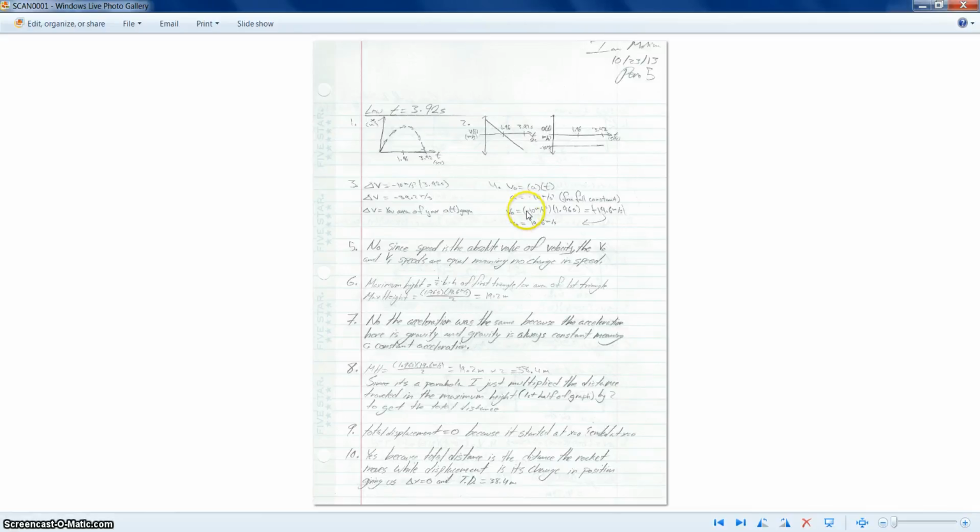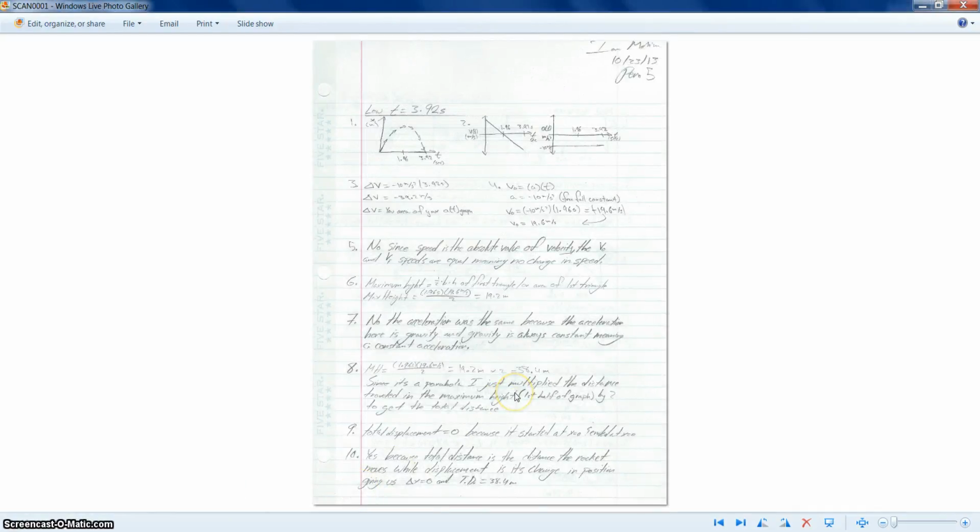So our V naught is just negative 10 meters per second squared times half of our time, which we already know is 1.96 seconds. And it gave us negative 19.6 meters per second. But since at time equals zero it was at position zero, it wasn't either negative nor positive, so we took the absolute value, and we got our V naught as being 19.6 meters per second.